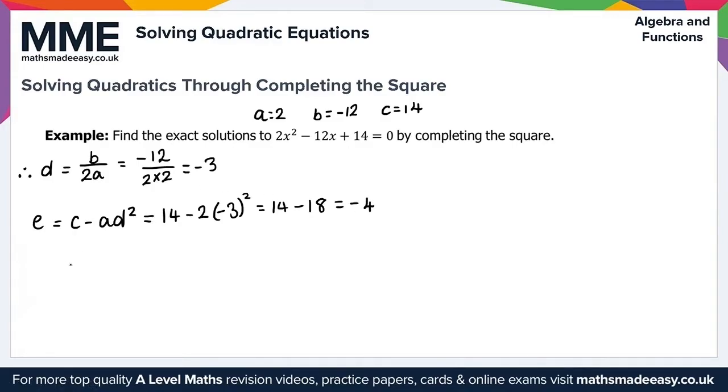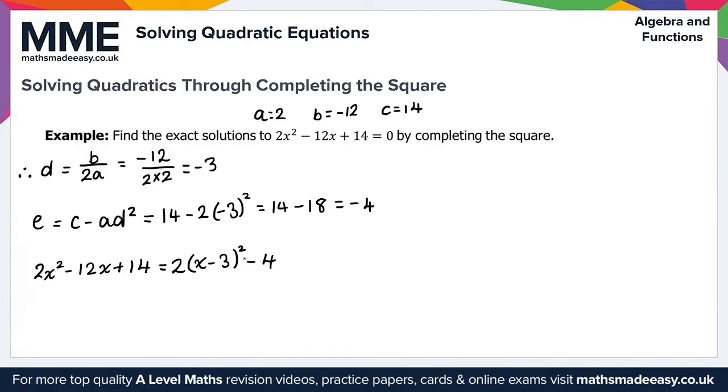So in that case, we can write 2x squared minus 12x plus 14 equals 0. Well, we can rewrite that then. So if we just get rid of that equals 0 here, we can say now, by completing the square, this is equal to 2 lots of x minus 3 all squared minus 4 there. Okay, using what we obtained for e here.